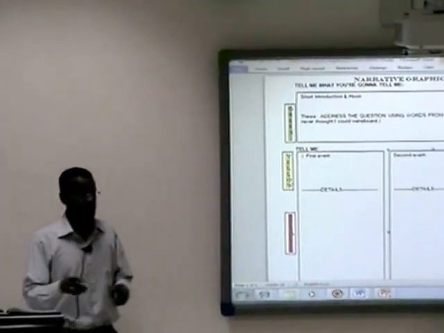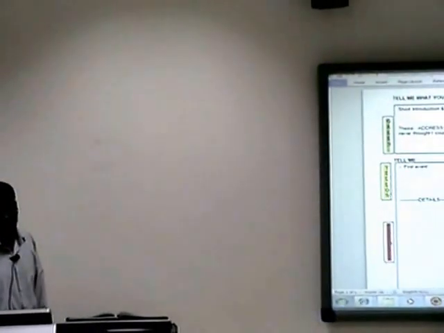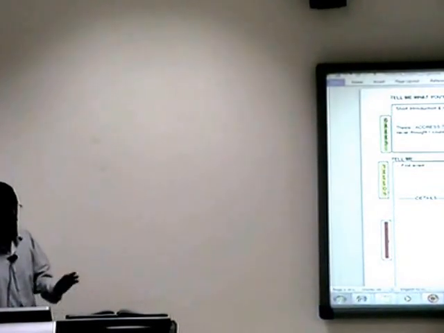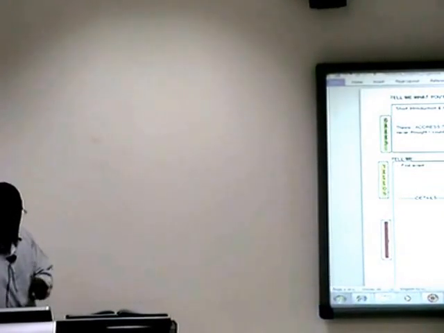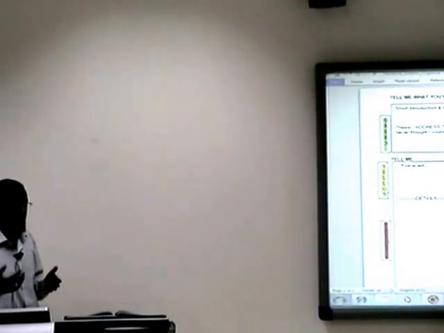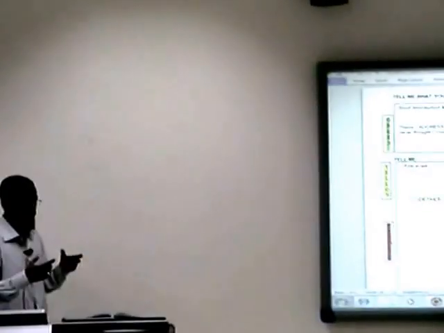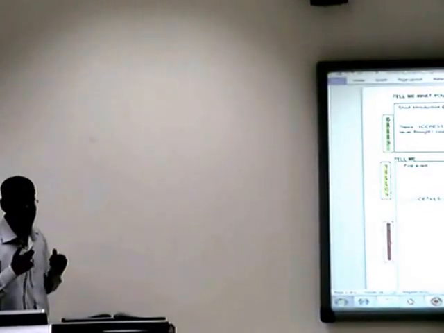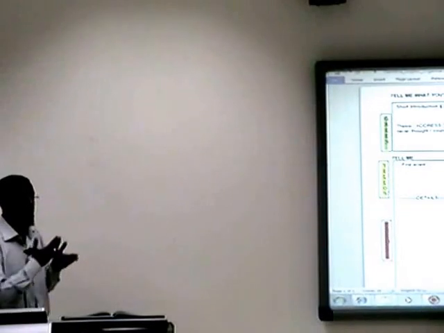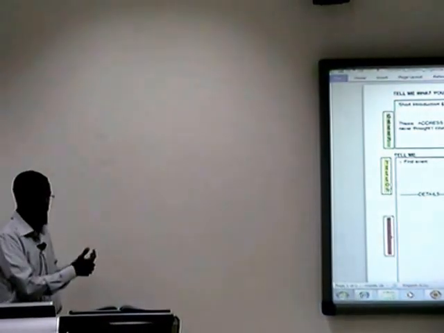Now, here I have given you something called a graphic organizer, a narrative graphic organizer. This is what I want you to do. As you read the text below, think about the action. What is the main idea of this text? And then, what is the sequence or the order of the events that happened?